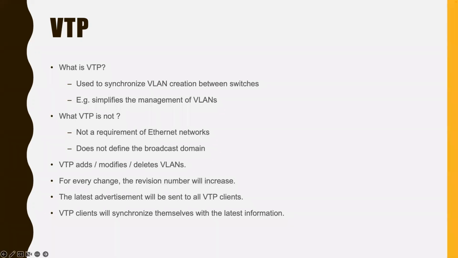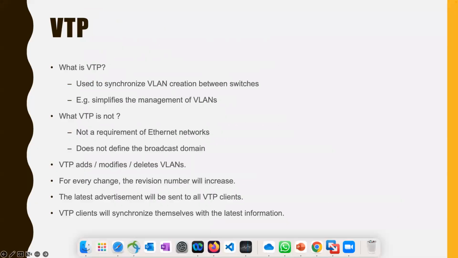Going further, VTP is used to synchronize the VLAN creation between our switches. The benefit is, as I said, it simplifies the management of VLANs from a single device to multiple devices.